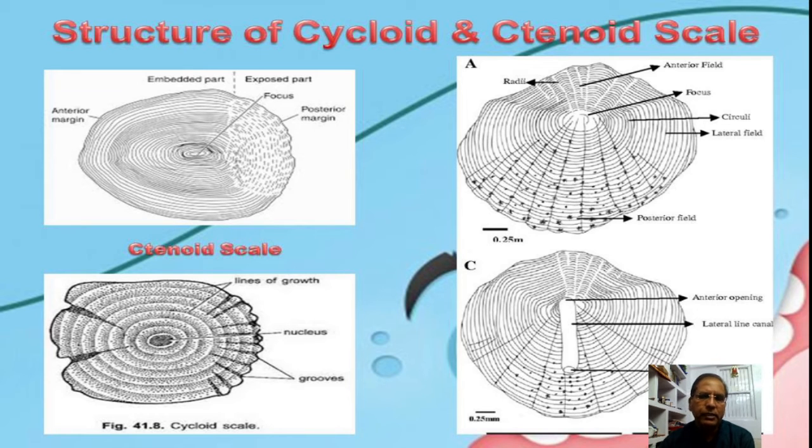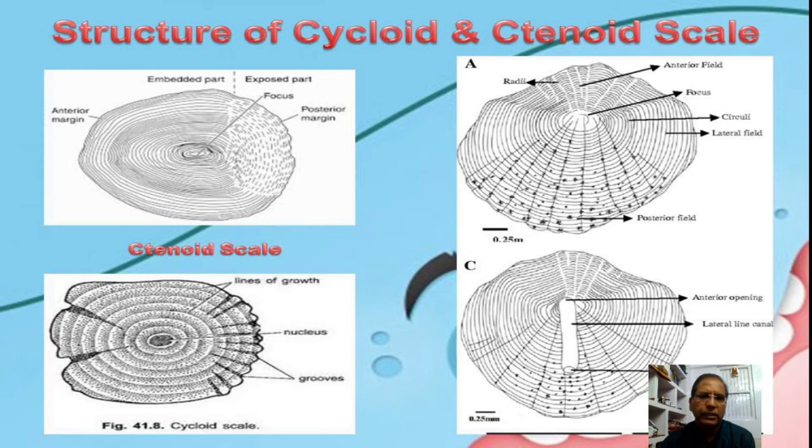Now the second one looks like the cycloid scale. There are not many differences, because the lines of growth are also present, the nucleus or focus is also present, and grooves are present in the marginal part embedded in the skin. In this terminal position there are a lot of grooves. A few groove-like structures are also present in the anterior region.